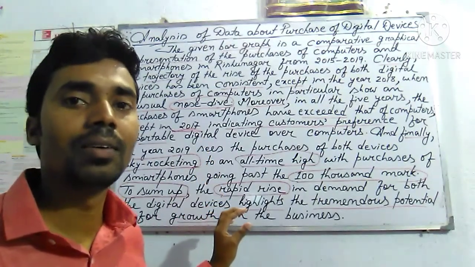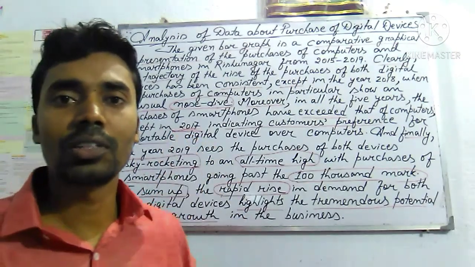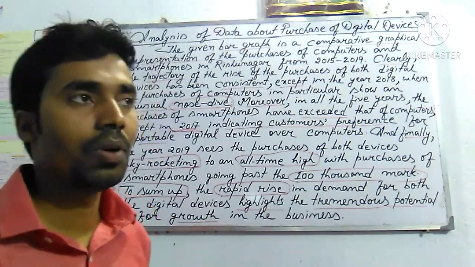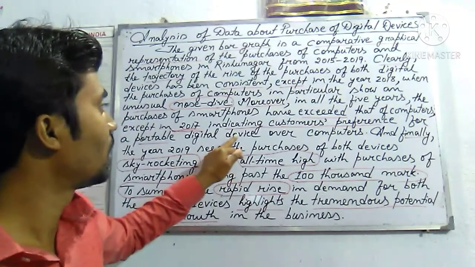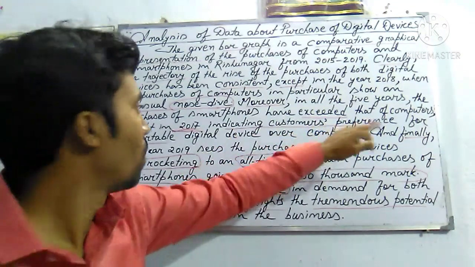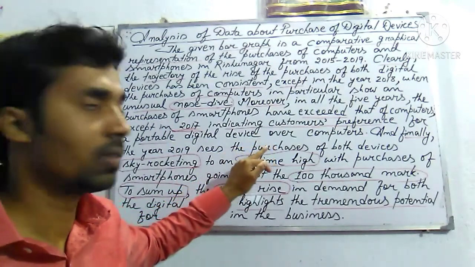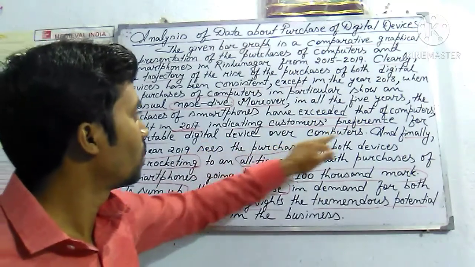Easy to carry those things. So yeah, your smartphones, you can put it in your pocket, and go anywhere. You can take it along with you wherever you go. But the computers, you cannot carry it wherever you go. So it indicates customers' preference for a portable digital device over computers. Preference for smartphones over computers, right?